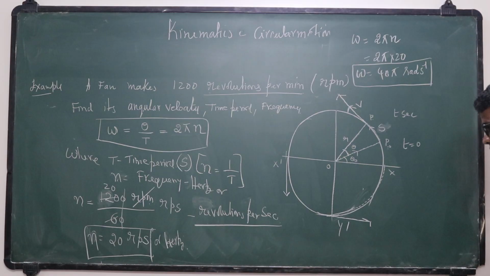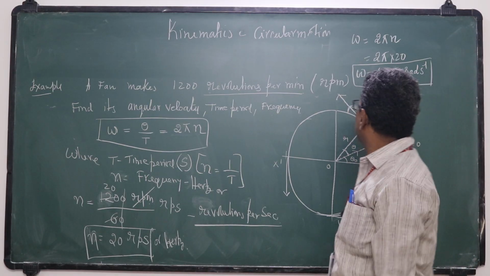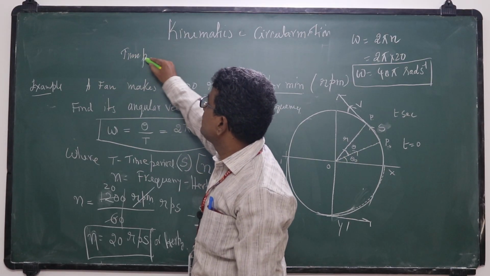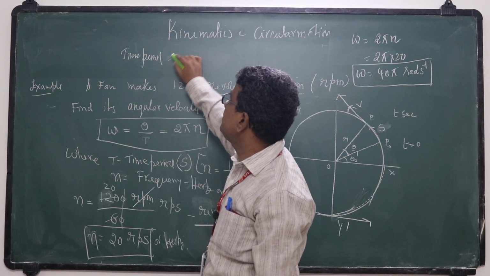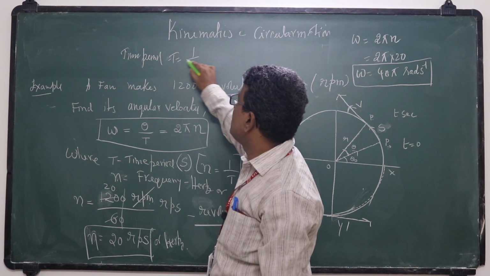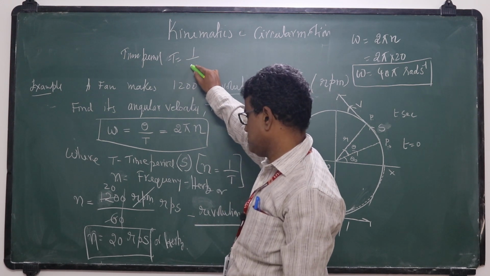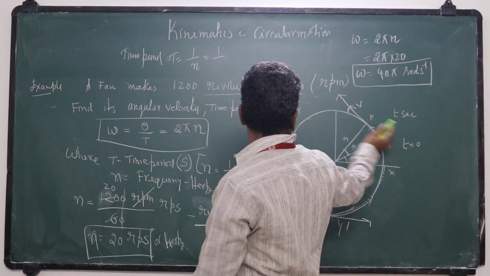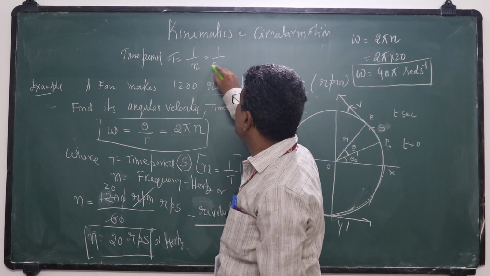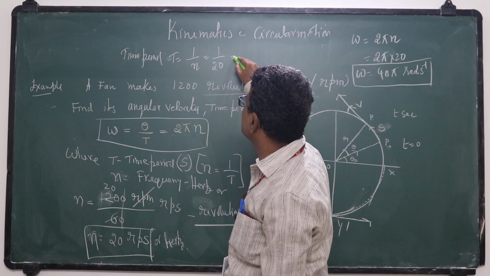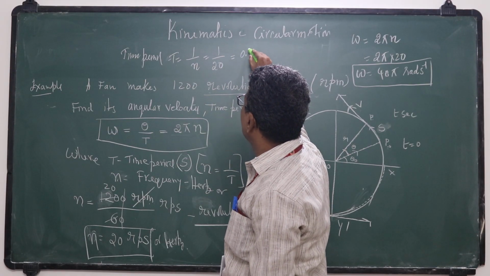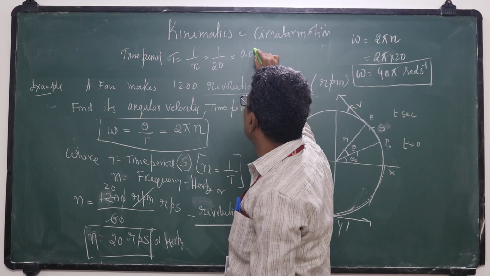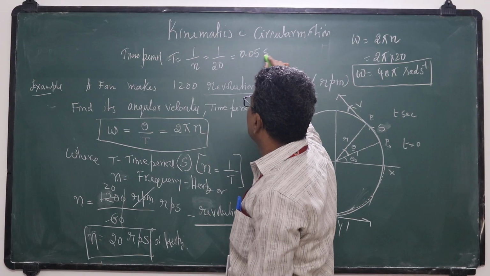I want the time period. So what is time period? Time period is the time taken for one rotation, or one revolution, 1 by n. So that is 1 by 20. 1 by 20 is 0.05 seconds.